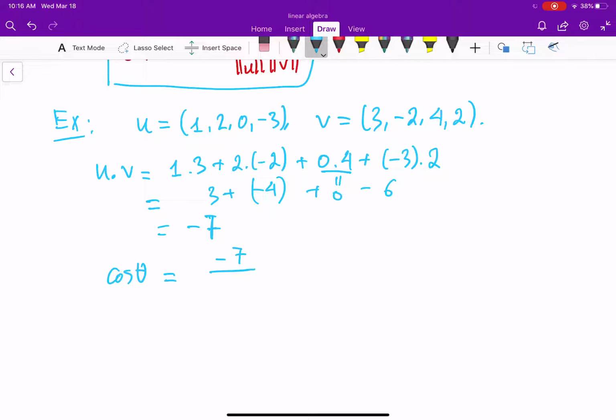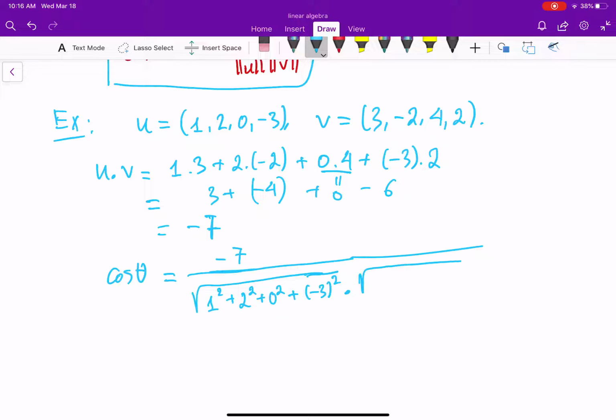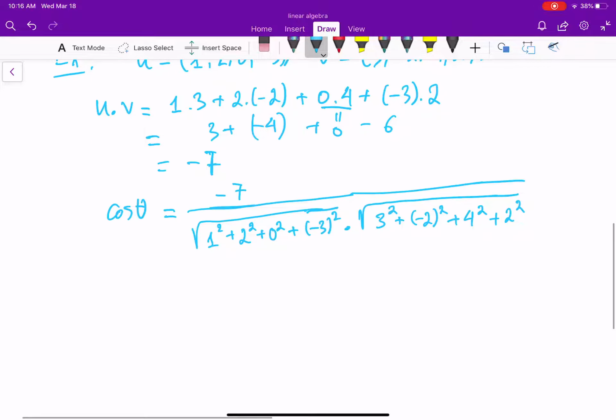And from here, you can find cosine of theta equal to dot product is -7 over norm of u. So I still need to find the norm of u, which is square root of 1 square plus 2 square plus 0 square plus -3 square, times square root of 3 square plus -2 square plus 4 square plus 2 square. And then you get -7 on the top.